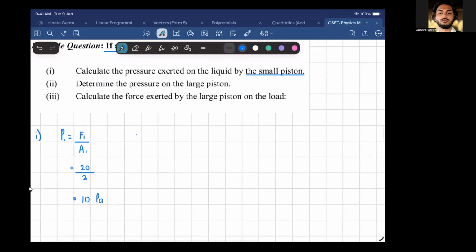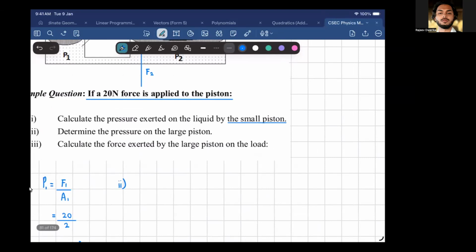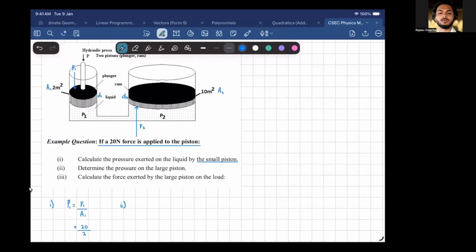Right, part two. Determine the pressure on the large piston. So they want us to find what then? I guess the force that is pushing up the piston. No, they want the pressure.